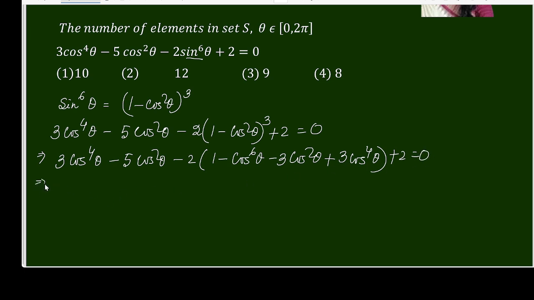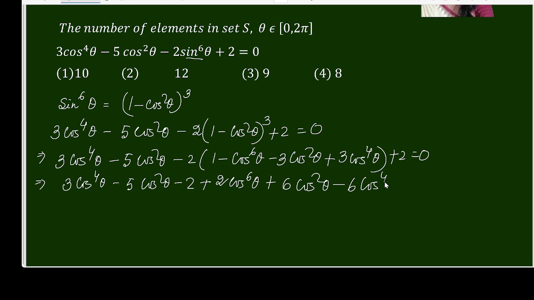So let us simplify. 3 cos^4 theta minus 5 cos^2 theta minus 2 plus 6, it's not 6, it is 2 cos^6 theta plus 6 cos^2 theta minus 6 cos^4 theta plus 2 is 0.